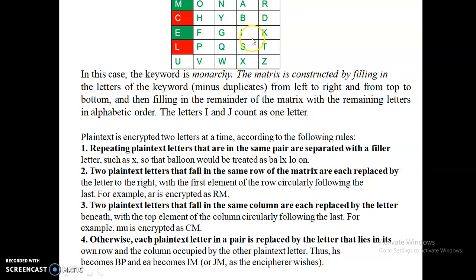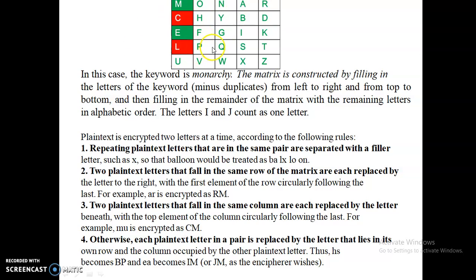And then in the alphabet, after I, J, K, L, the next letter M will come, but in the keyword M is placed here, so you skip that M. N is also already placed here, so you skip that, and then O is also present in the keyword monarchy, so you also skip that.